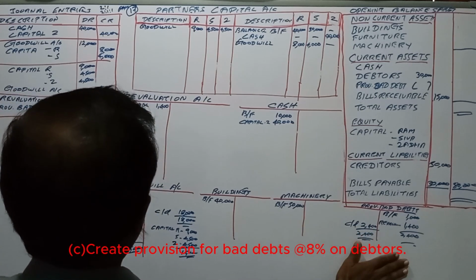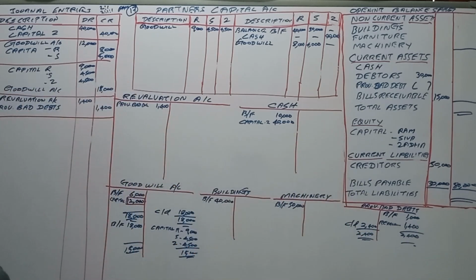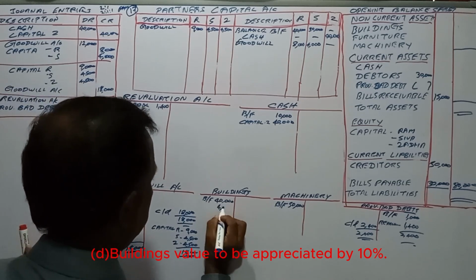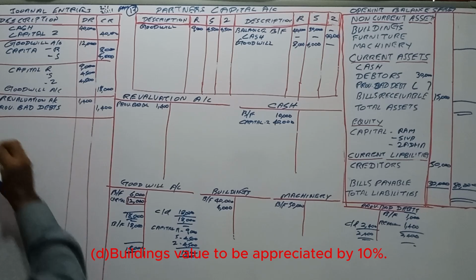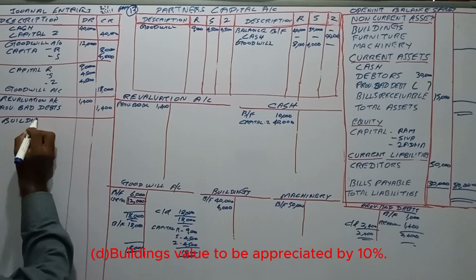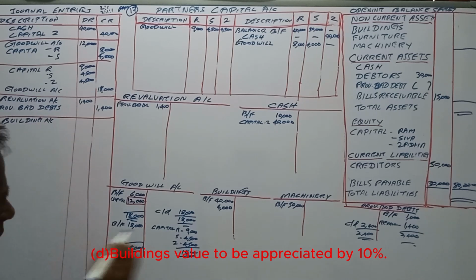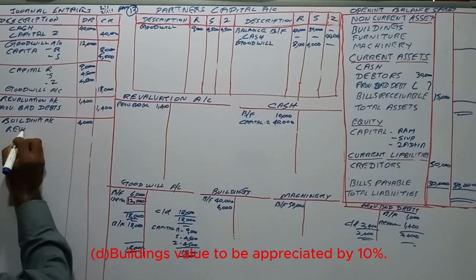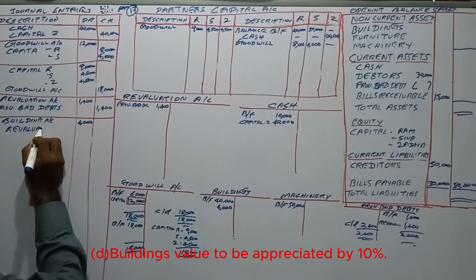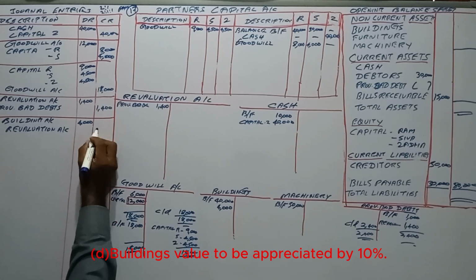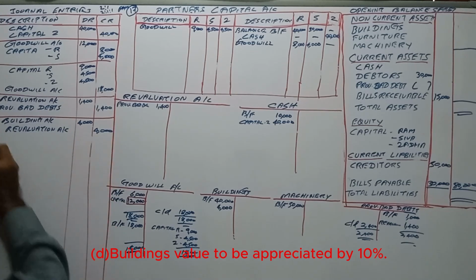Okay. And building value to be appreciated by 10%. 10% in the sense 4,000. 40,000 is the building value. Then the fifth one is building account debit 4,000, revaluation account credit 4,000. Right?